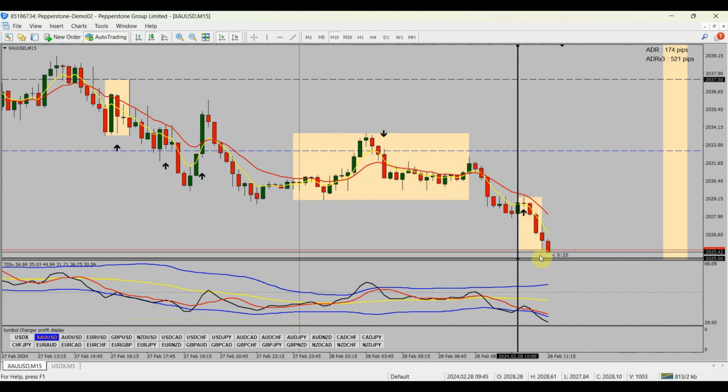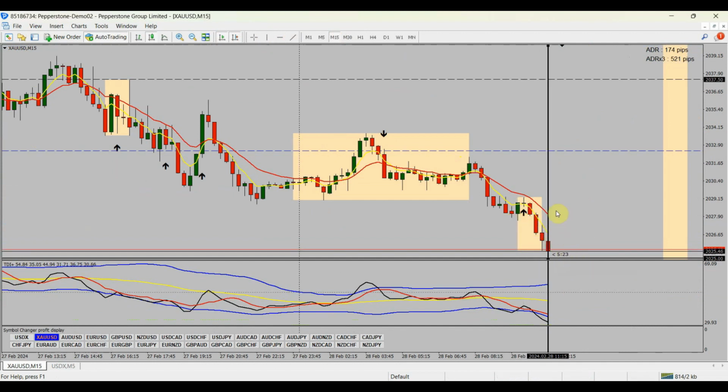You can simply wait until you get your 5 13 cross or even price closing above our 13 EMA. Some persons also use the 13 EMA as a means to enter the markets. Once price has closed above your 13 EMA or you have that 5 13 cross, then you can start to look for a potential buy for between 30 to 50 to 100 pips.